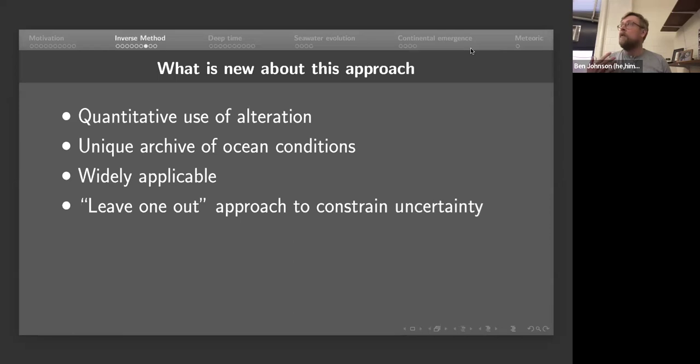And in detail, when I run this inversion, we take out one random sample each time. This is what we're calling a leave one out approach. And so we can run this inversion basically the same number of times as there are samples in a certain location, as a way to constrain some uncertainty in these settings.